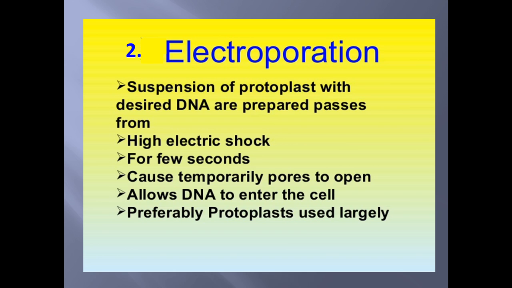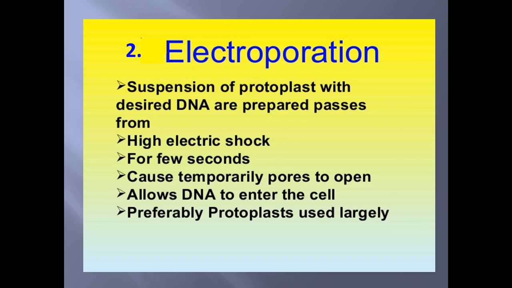In electroporation, what is done is that low voltage, or somewhat high voltage, electrical impulses are used, or a high electric shock is created, in order to disturb the cell membrane of the protoplast, so that our DNA can be easily inserted into the desired host or the recipient cell.